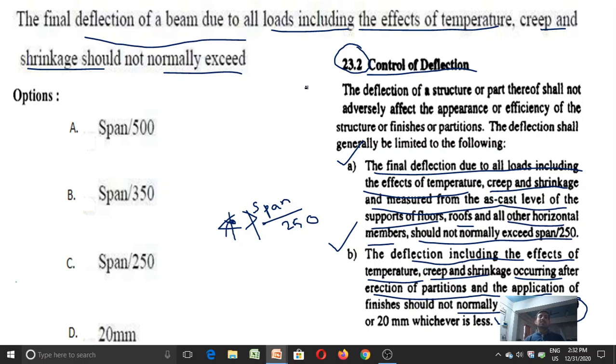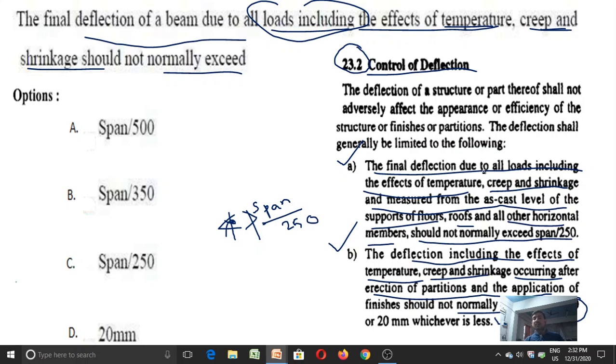So what was asked in our question? That is the final deflection in a beam due to all loads, all external loads, including the effects of temperature, creep and shrinkage. So this is related to our first condition.